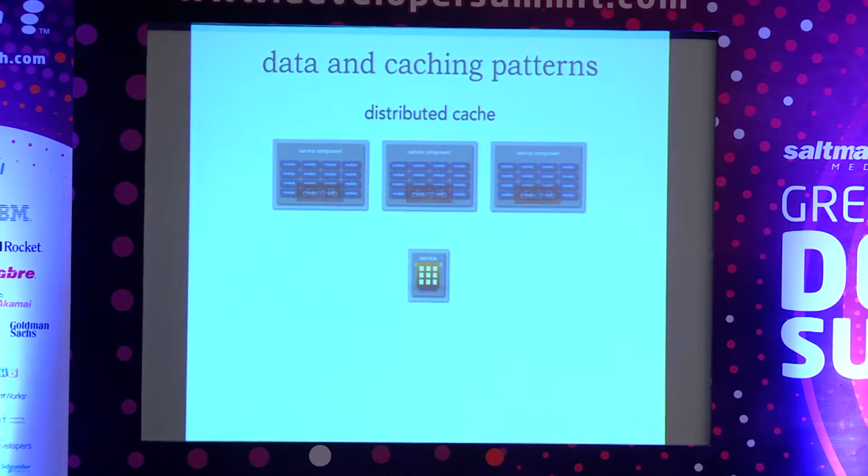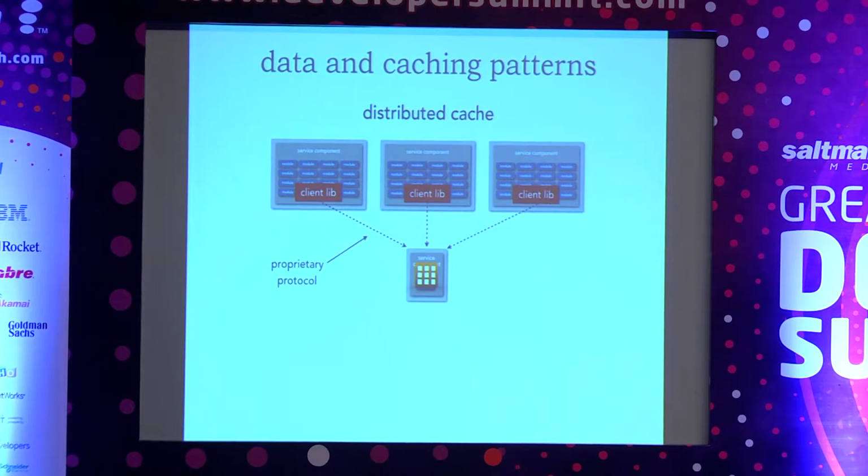If I want to get to it, I have a Hazelcast client library, which has a protocol to get to that cache very quickly. This is usually a proprietary protocol. Each product has its own wire-level protocol to connect to the cache. This is not a RESTful call. It's very, very quick, so it's fairly low latency, but it's still making an external call to this cache.